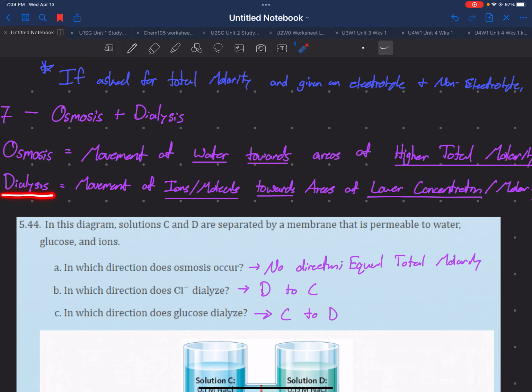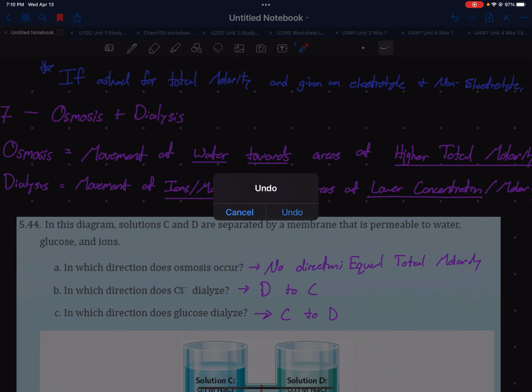Whereas dialysis, it's ions and molecules towards areas of lower concentration or molarity. I don't think I have any particular way that I remember that, but I'll leave it up to you guys.